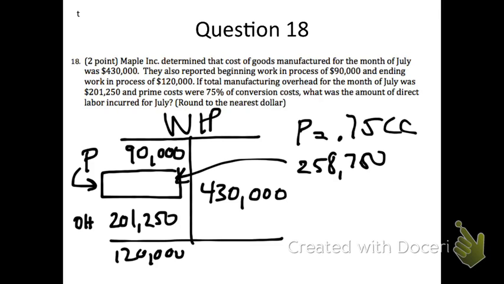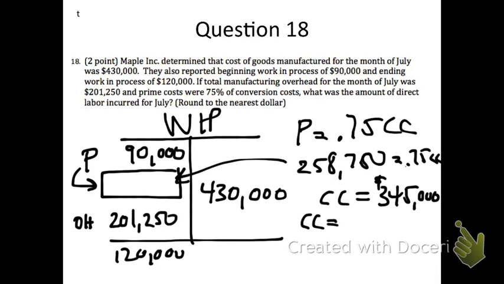So I know that that's equal to 0.75 times my conversion costs. So then I can find my conversion costs by taking the 258,750, dividing it by 0.75, and so my conversion costs are 345,000.